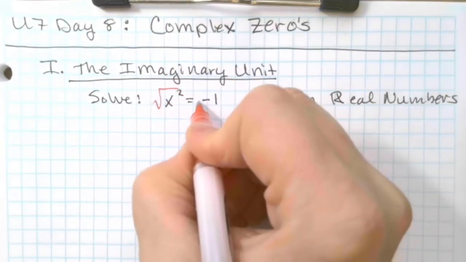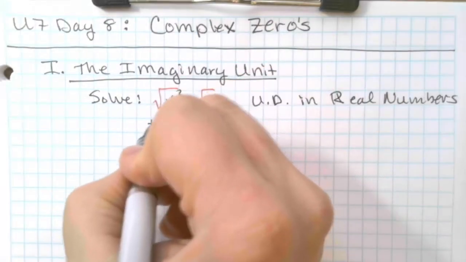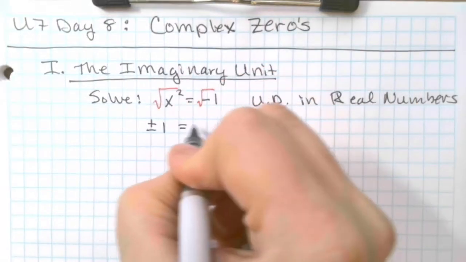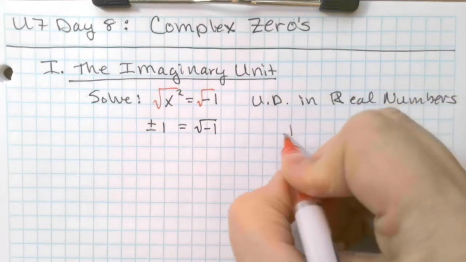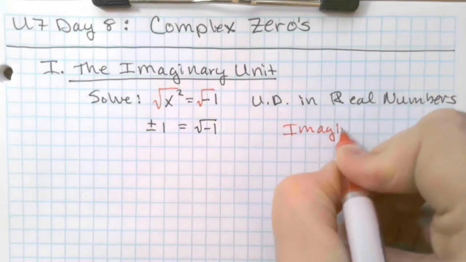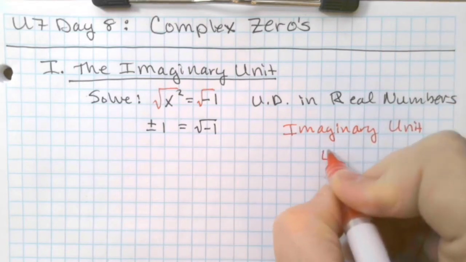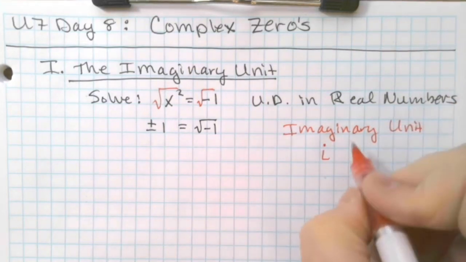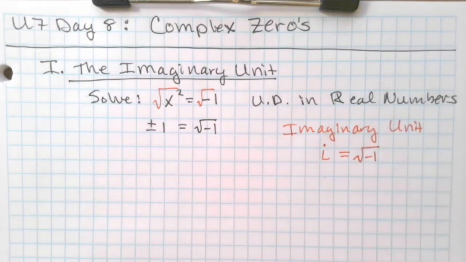So they said, all right, if we were to solve this normally, we would square root both sides. 2 x's, 1 comes out, and then we've got the square root of -1. Then they invented something called the imaginary unit, which was an italicized i, and they said, okay, we're going to let i be a special letter, and it's equal to the square root of -1.